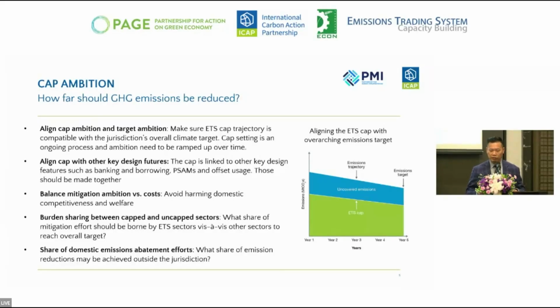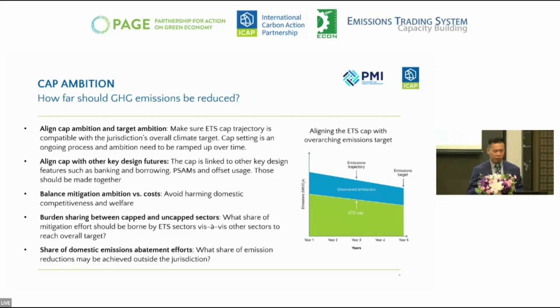And then it also needs to consider other key features. We have the cap for the carbon market, but we also have banking and borrowing. So if the covered entities didn't emit that much, so they have some allowance as surplus, then they can bank it to the future.